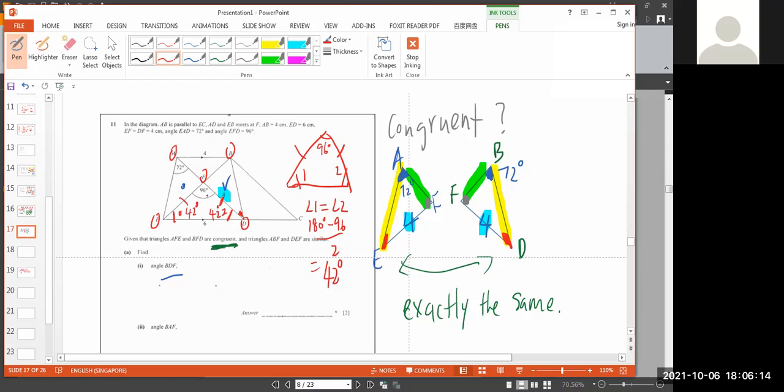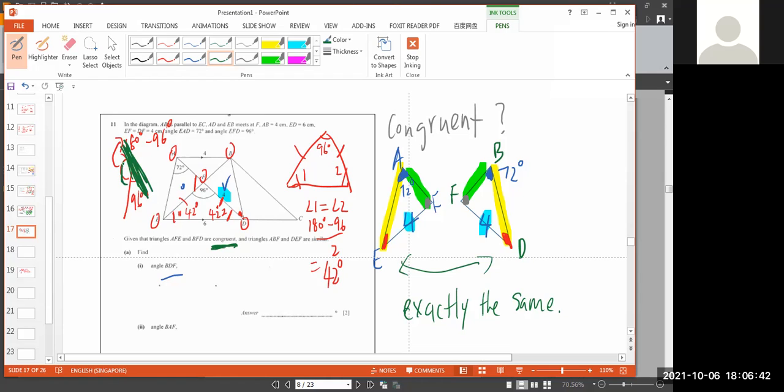Over here, they say this is 96, right? So that means you can find out this already. Do you know that this one is 180 minus 96? Because this is a straight line, this is angle on a straight line. So the entire angle is 180.